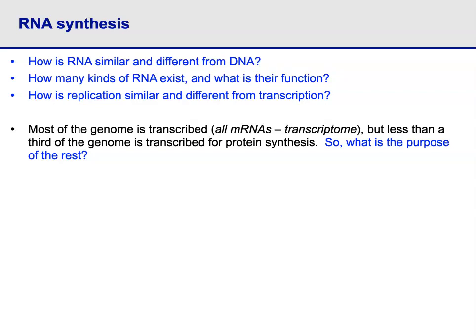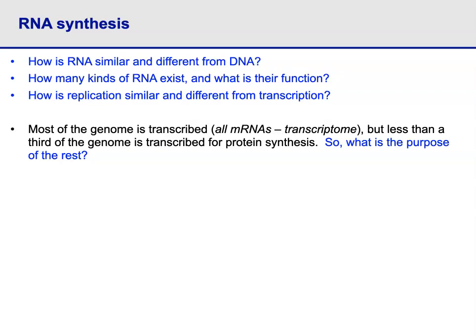So how many kinds of RNAs are there, and what is their function? Well, there are actually various kinds. Each one of them has its own name based on the function that they provide. For example, the most common one perhaps that you know is the mRNA, or messenger RNA.